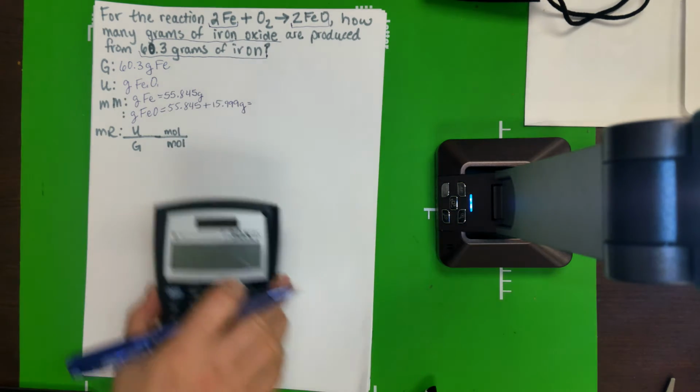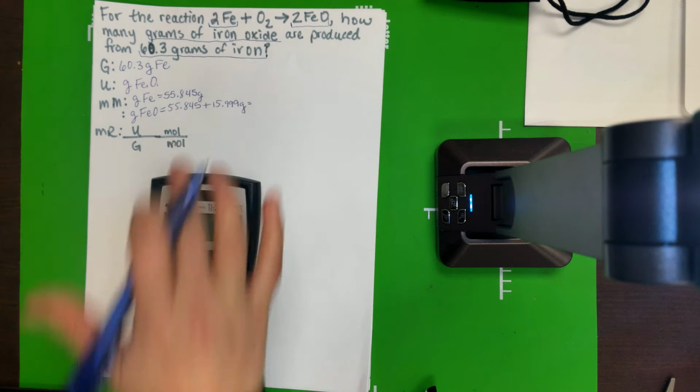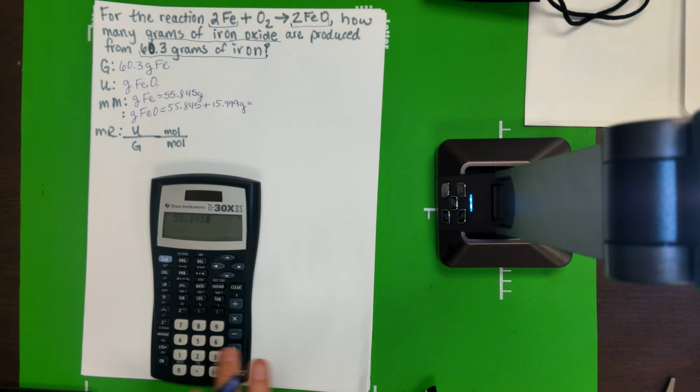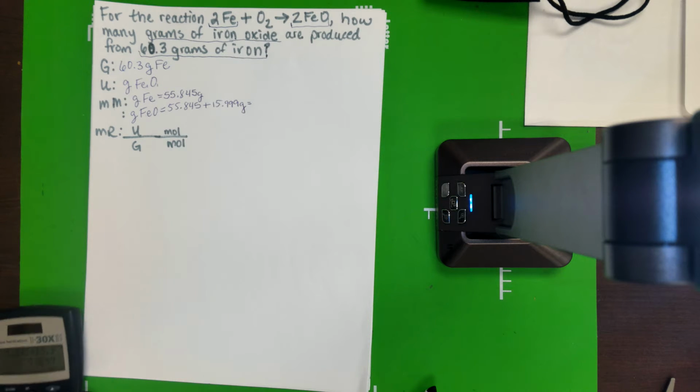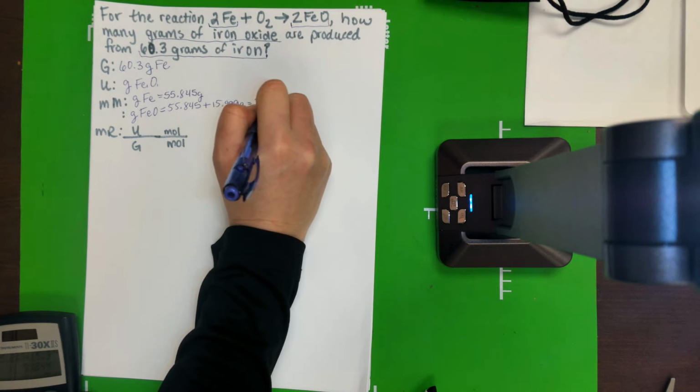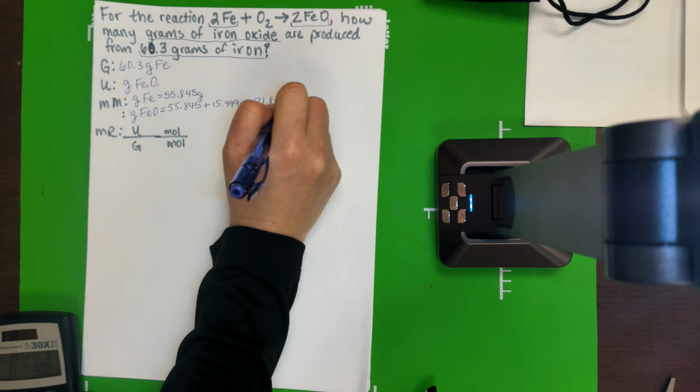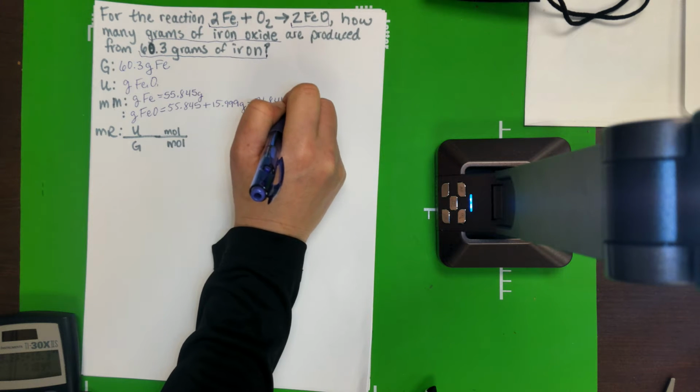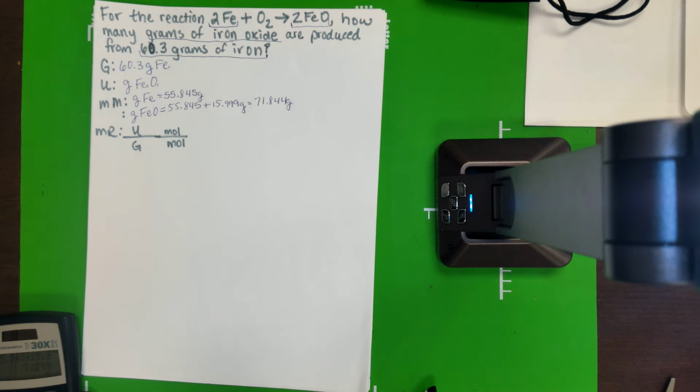So now we just need to add these two. 55.845 plus 15.999 gives us 71.844 grams.